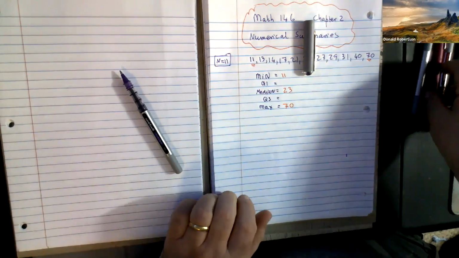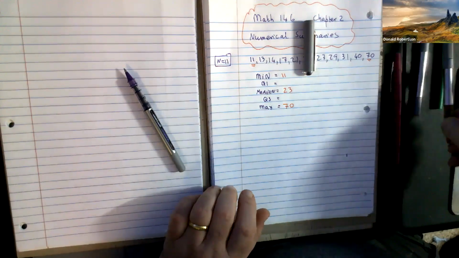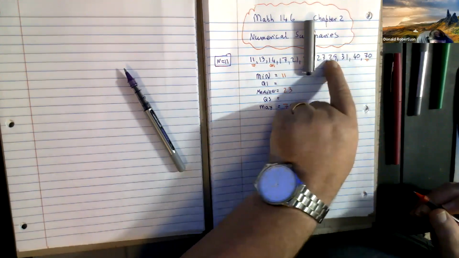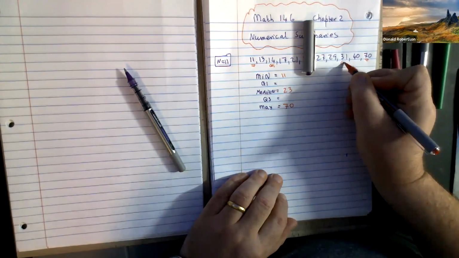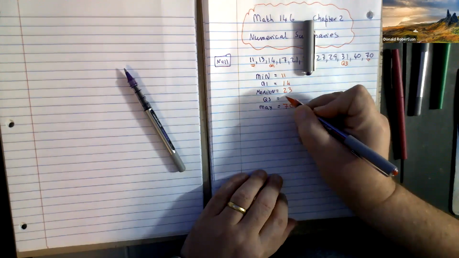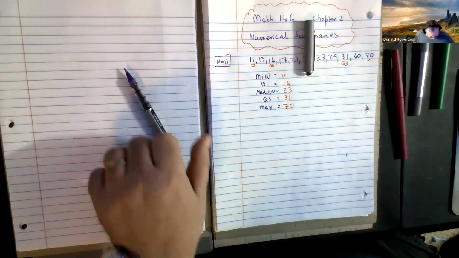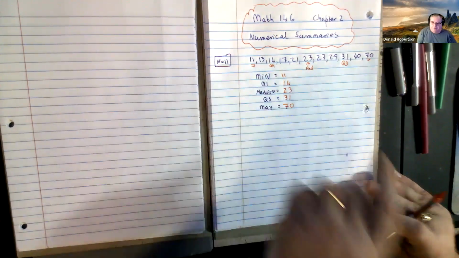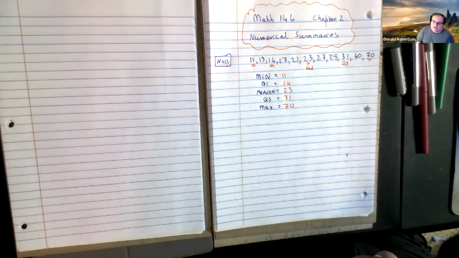So this guy here is Q1. And there are 5 numbers over here, and this guy is called Q3. So we have a 14 and we have a 31. And we have now created our 5-figure summary.